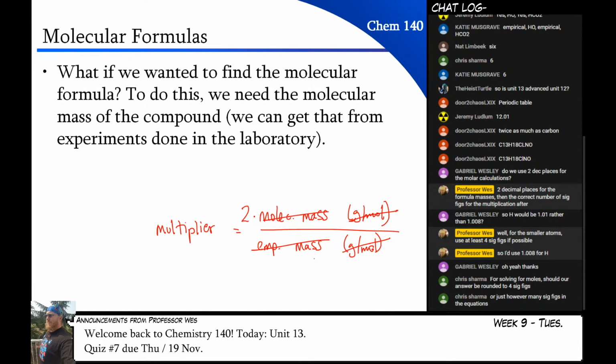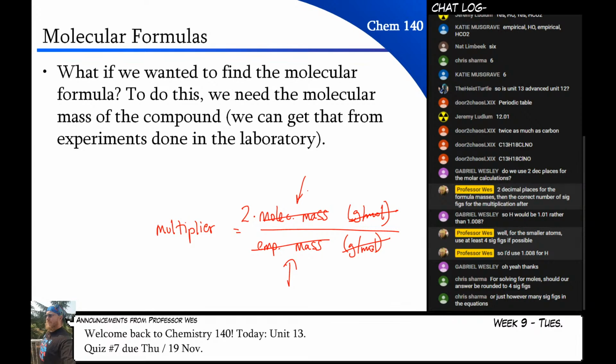So when you do the empirical formula process, at the very end you will get an empirical formula. You can then figure out the mass of that empirical formula in grams per mole, and that number goes on the bottom of this expression. The mass of the molecule goes on the top, and I have to tell you that mass.